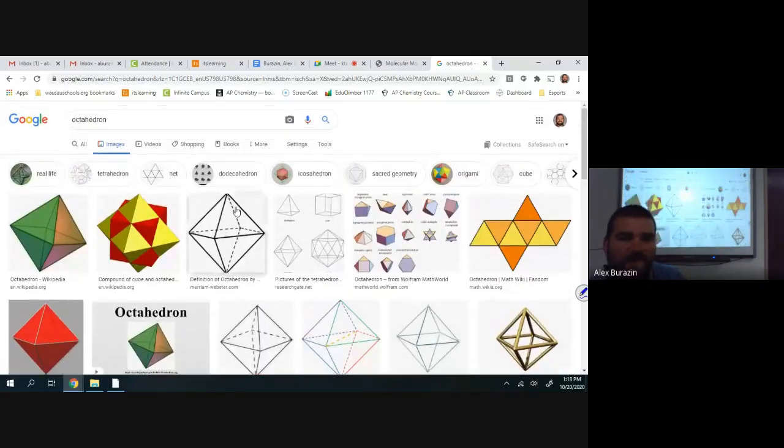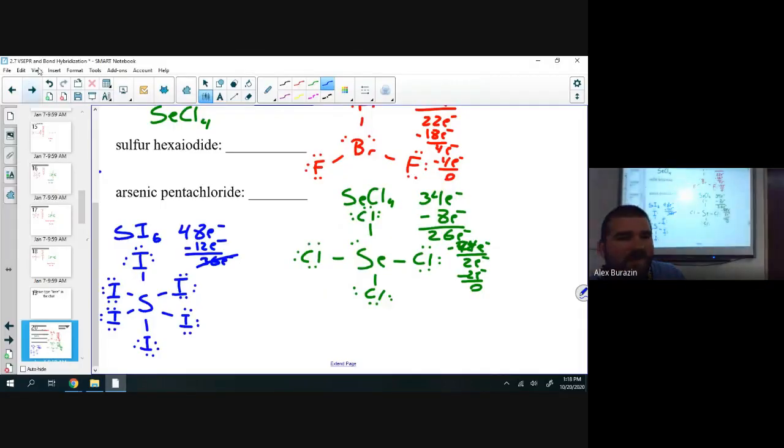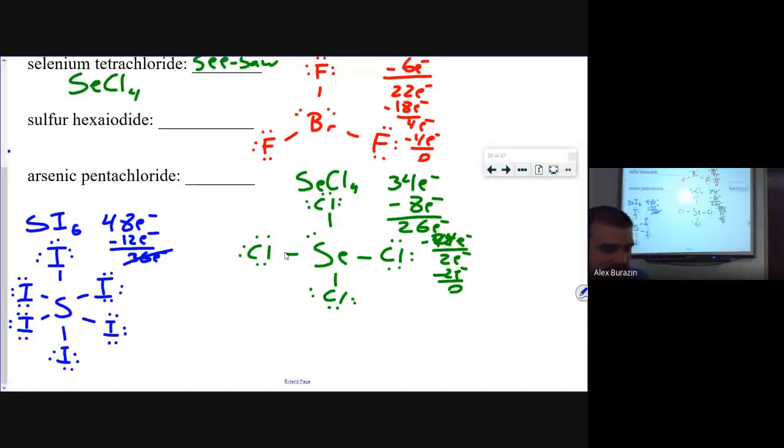Never mind. My right clicker's not working. But if you closed off all the faces of that molecule, you would get an 8-sided three-dimensional polygon, which is called an octahedron. So that's where that name comes from if you were curious, because it doesn't seem to mesh with a coordination number of 6, but that's where that's from. All right, back to where I was. So the sulfur hexaiodide is octahedral.